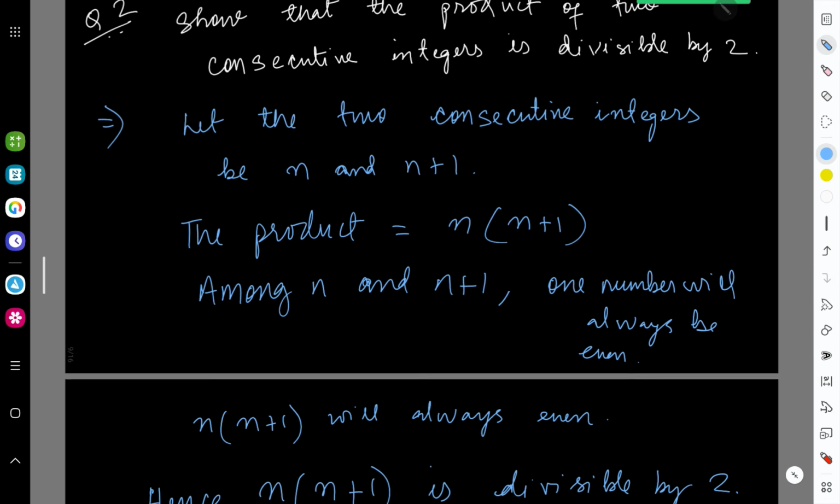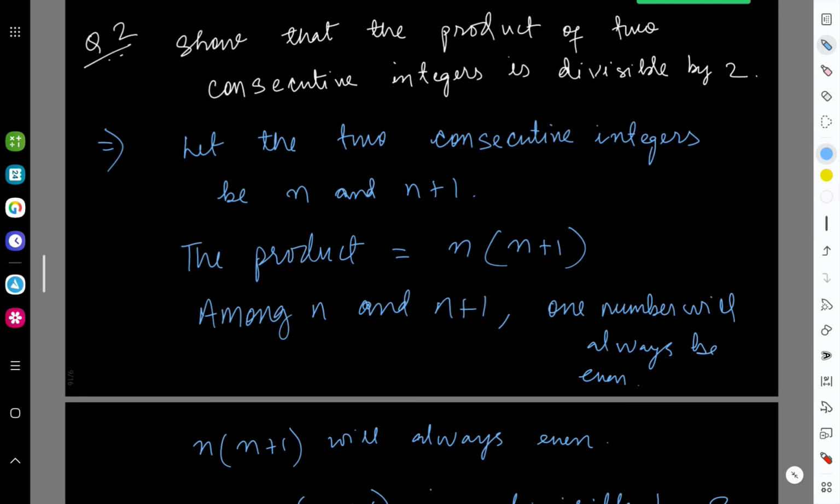So how do we start the question? First, we consider any two consecutive integers, and as I have told you, the general form for consecutive integers, we have used n and n plus 1. Since the question just mentioned two consecutive integers, we have just taken two general forms, n and n plus 1. Then we express the product n times n plus 1, and we mentioned that among n and n plus 1, one number will always be even.